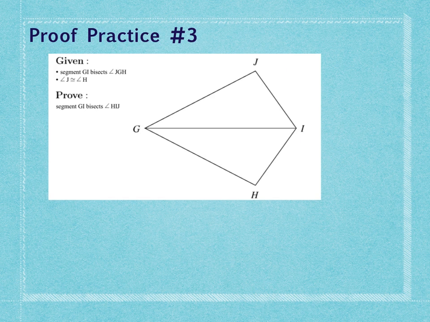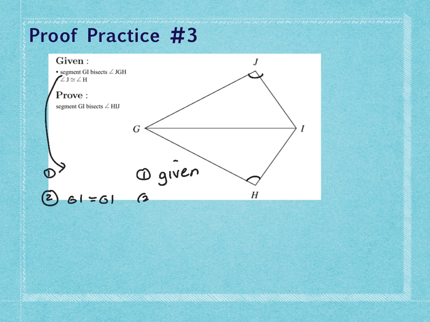All right, 3. Given segment GH bisects angle GJH and angle J is congruent to angle H. What else do you see that you're going to write because you're smart? GI equals GI, reflexive. What else did they give you that you can use?